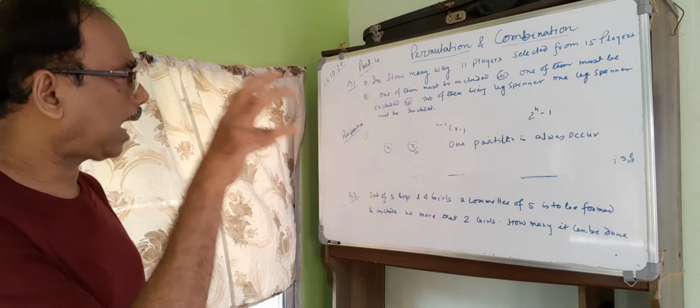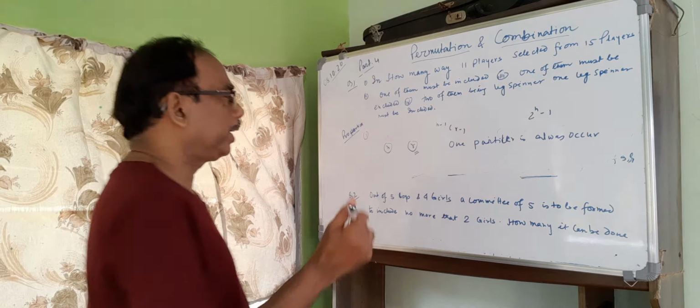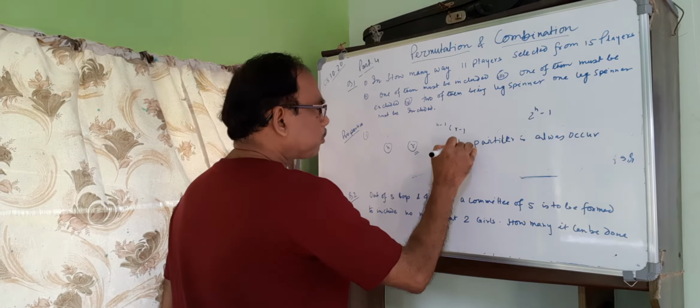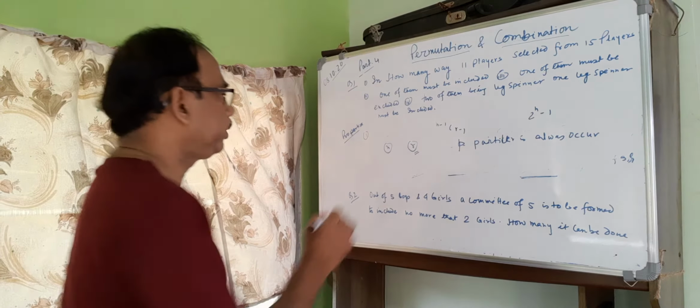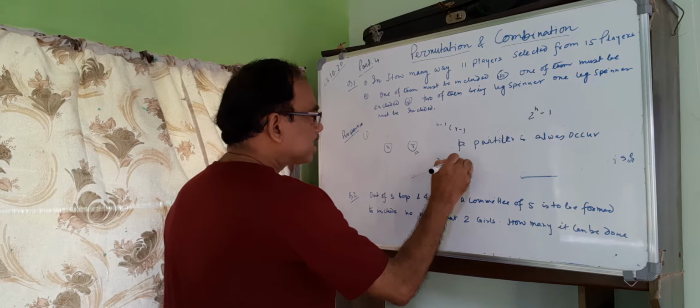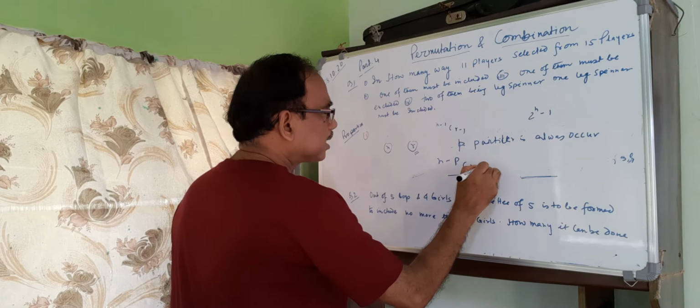You have to select r things such that p particular things always occur. In that case, we can do it in n minus p C r minus p ways.